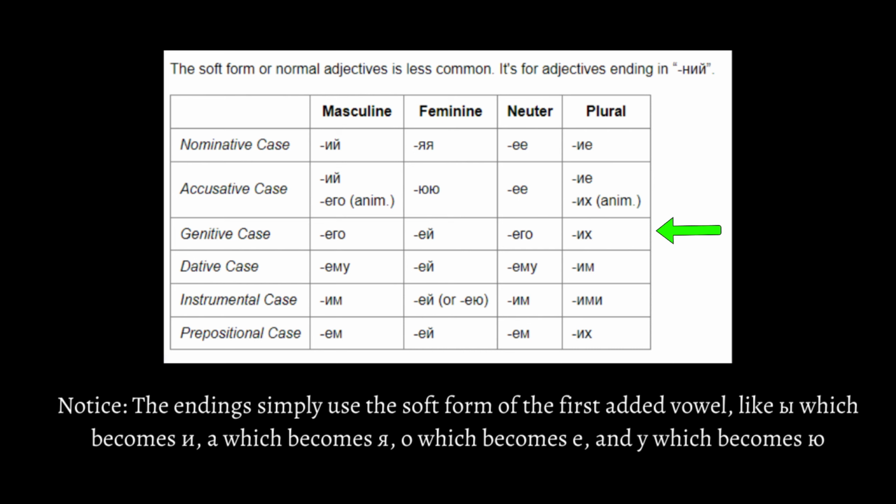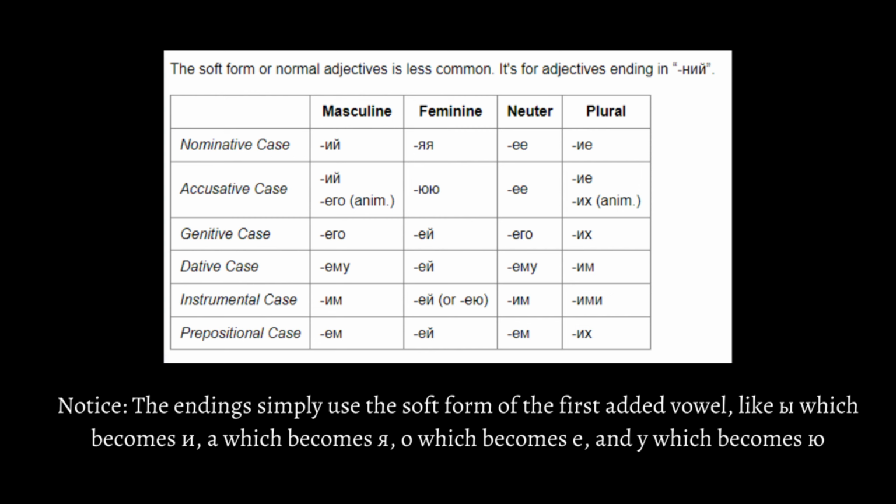In the genitive, the pattern is yevo, yei, yevo, and ich. In the dative, the pattern is yemu, yei, yemu, and im. In the instrumental, the pattern is im, yei, or sometimes yeyu, im, and imi. In the prepositional, the pattern is yem, yei, yem, and ich.